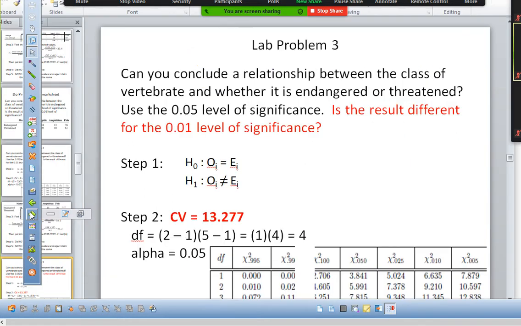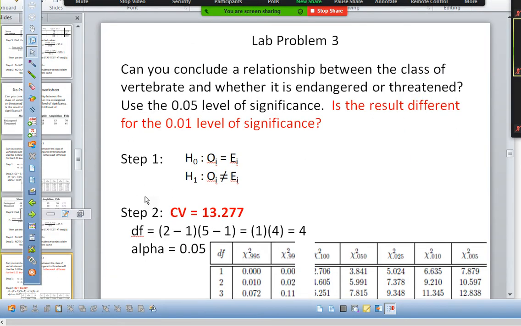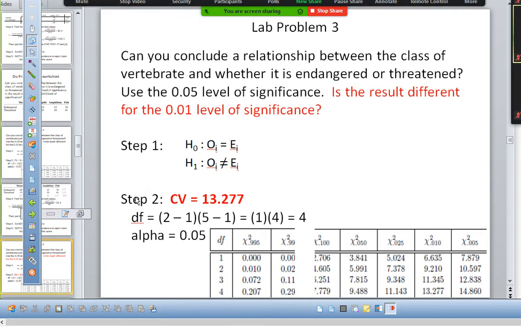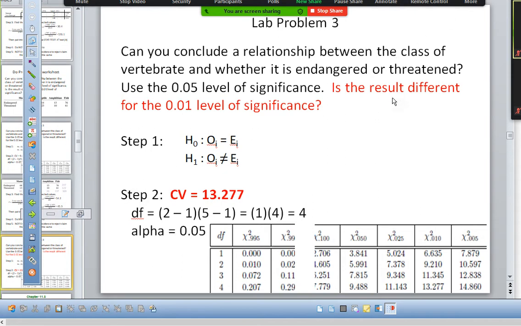All right, so let's get on to the second question, which is, is the result different if we have a 0.01 level of significance? So if we use that, we're going to be using this one right here. Don't get it confused with 0.001 or 0.010.